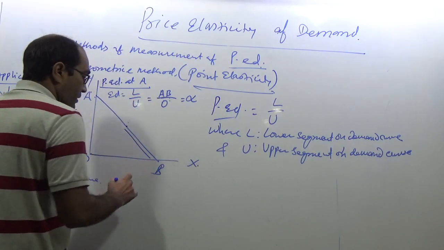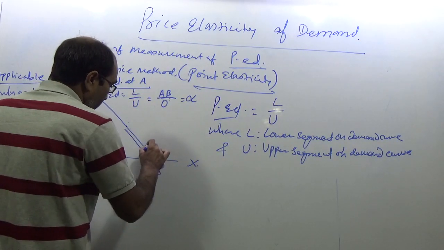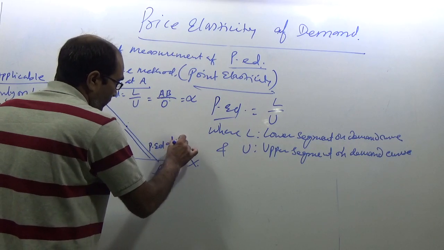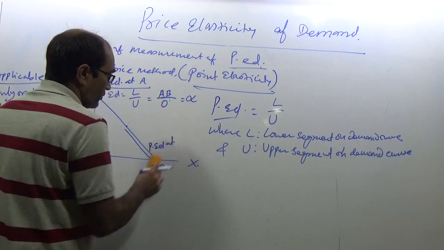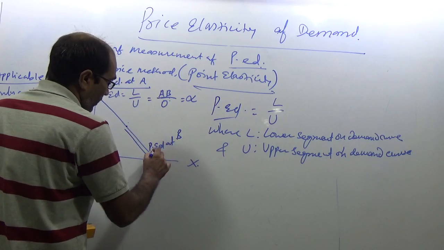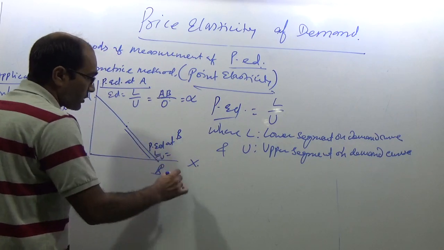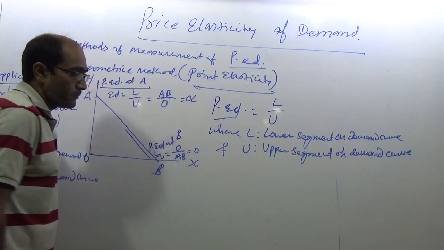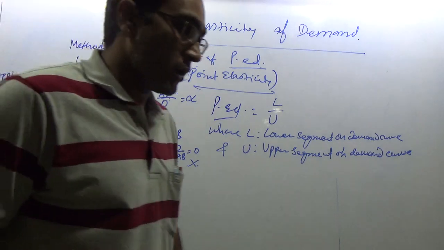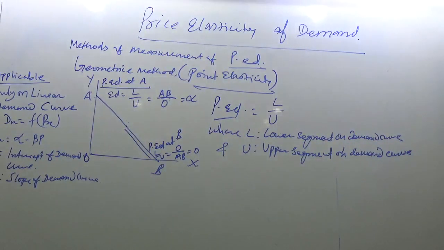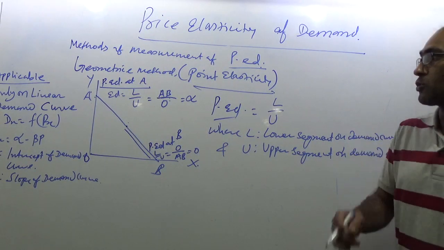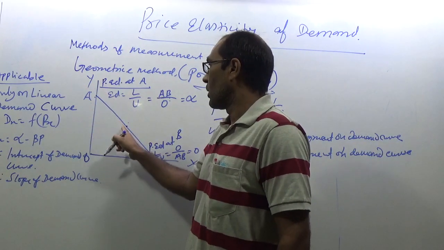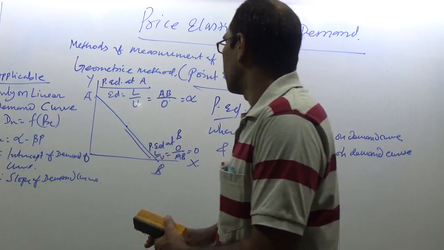Next, the extreme point at B. See PED at B. Again L upon U, lower segment 0 upon AB equals 0. See the 3 points, 2 extreme points and 1 middlemost point: infinite, 1 and 0.